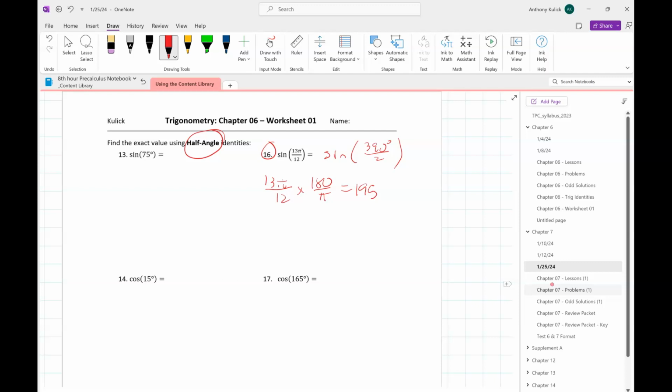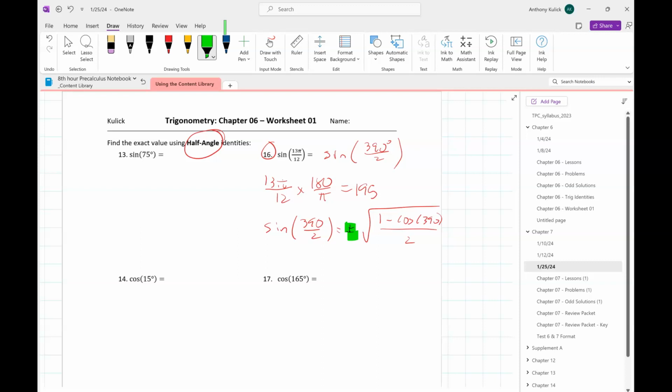And now I'm going to go to my identity sheet, look at my half angle identities, and write down the one for sine. Let's take a minute here and figure out whether I want the plus or minus. I might as well do it right now so I don't have to carry that all the way through.